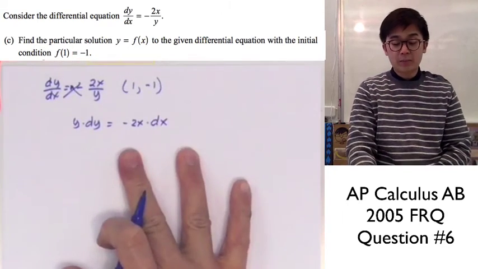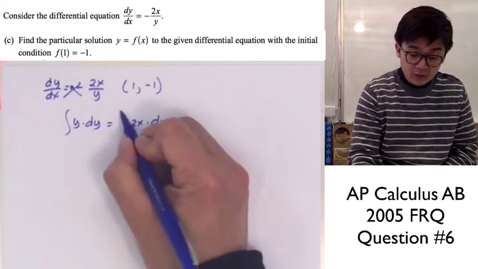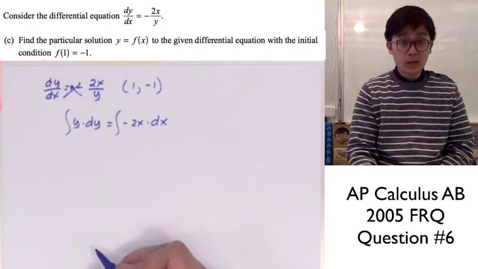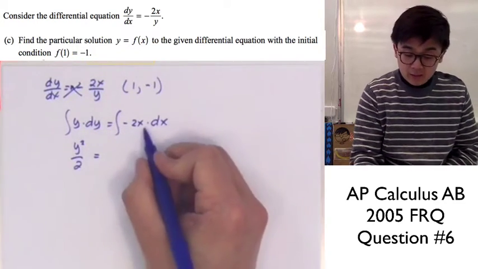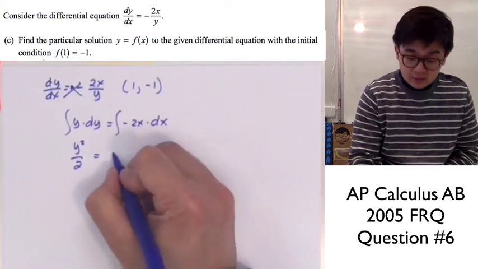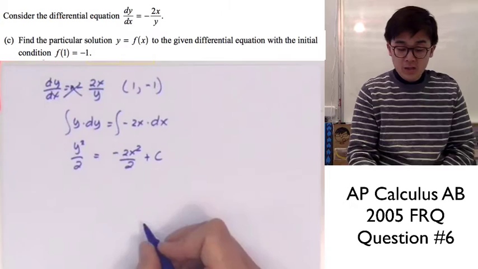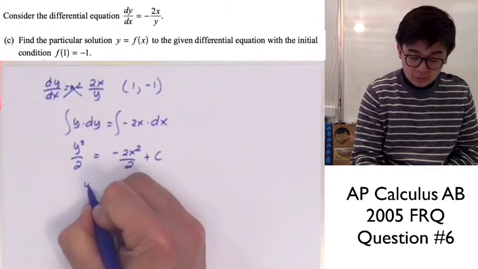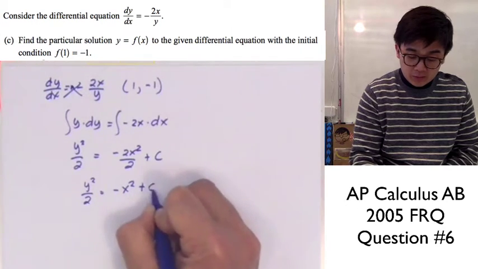Now that we have separated our function, we can integrate each side, and we know that the integral of y dy is y squared all over 2, and the integral of negative 2x dx is negative 2x squared all over 2 plus c. By simplifying this, we have y squared all over 2 equals negative x squared plus c.